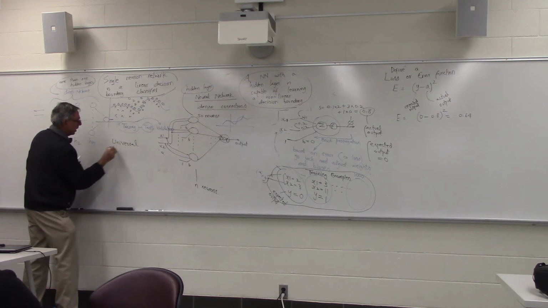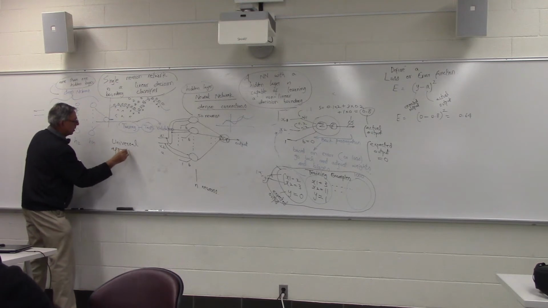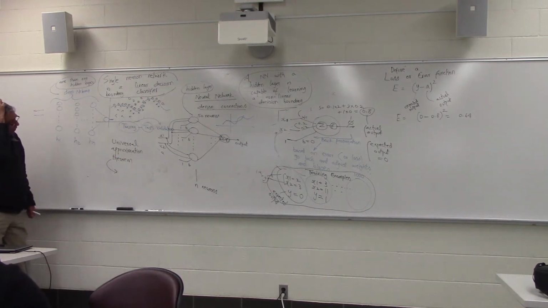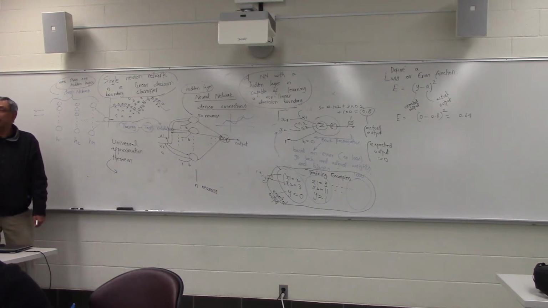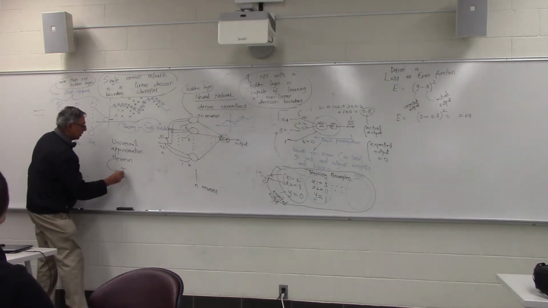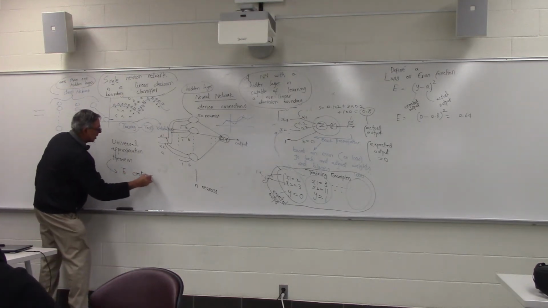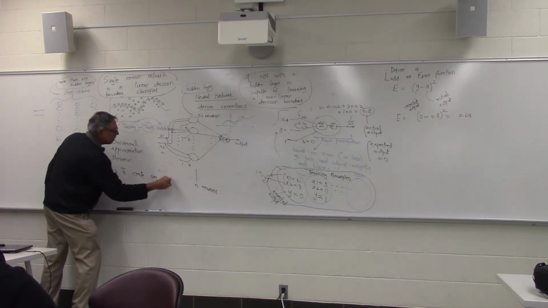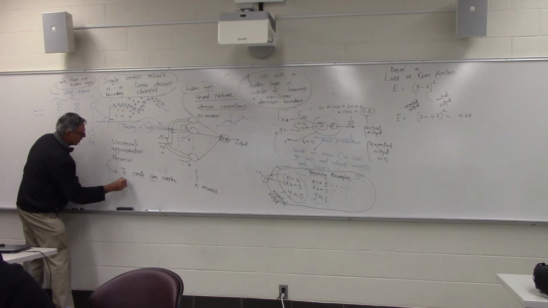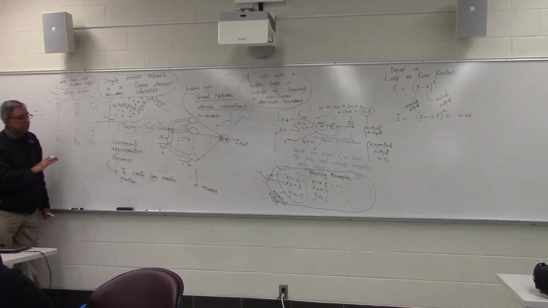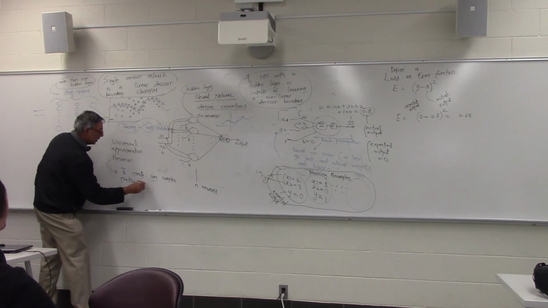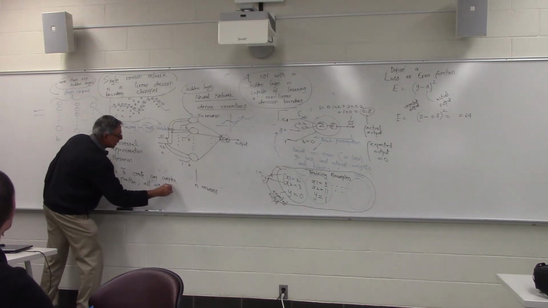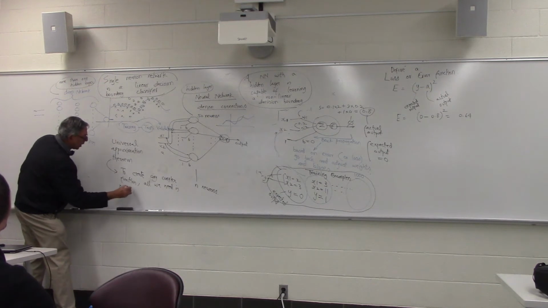So universal approximation theorem. Okay, you can go home and look up on it. But I'll give you a summary of it. Basically, somebody mathematically proved that to create any complex function, no matter how complex that function is, that decision boundary is, all we need is one hidden layer.